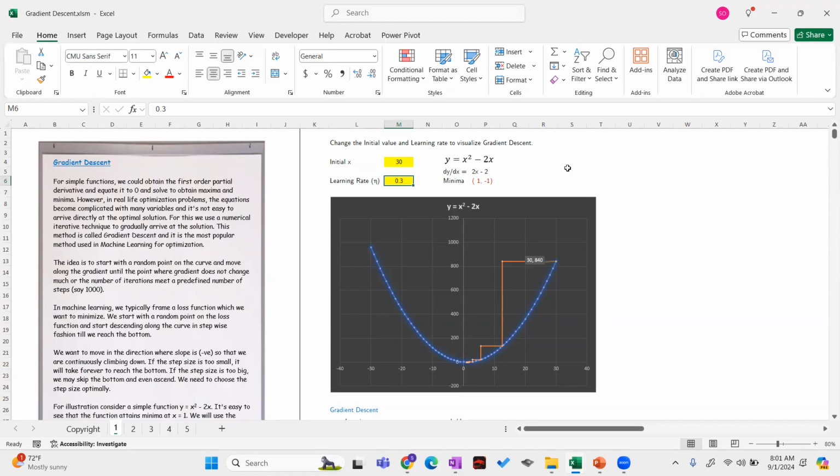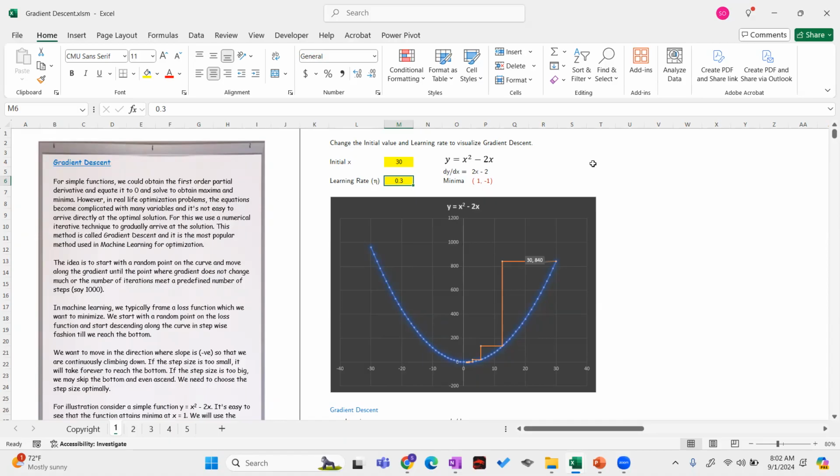So all of you realize this, right? If we take a small step, then obviously it takes forever to reach the minima. That is the downside. What is the plus side? What is the benefit of using a very low learning rate? Accuracy? Not really.